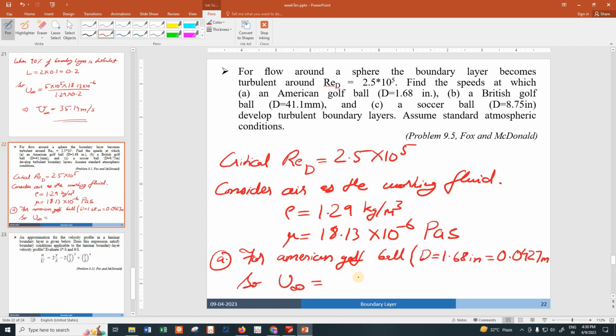U infinity is equal to 2.5 into 10 to the power 5 into 18.13 into 10 to the power minus 6, divided by 1.29 into 0.0427.